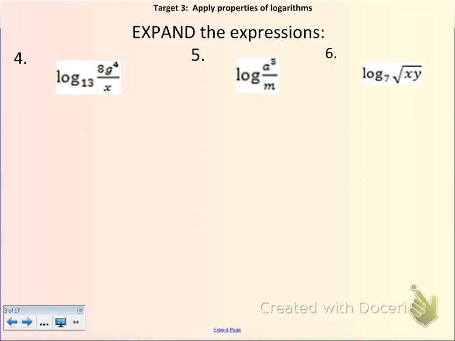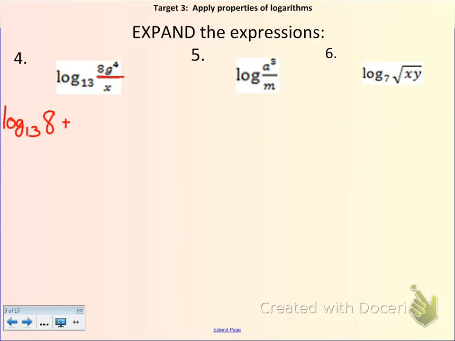And welcome back, my wonderful Algebra 2 students. Okay, so in this one, we have a division, we have a multiplication, and we have an exponent involved. So we have log base 13. And we're going to deal with the multiplication on top of the fraction first. So we're going to just have the plain old 8 there.